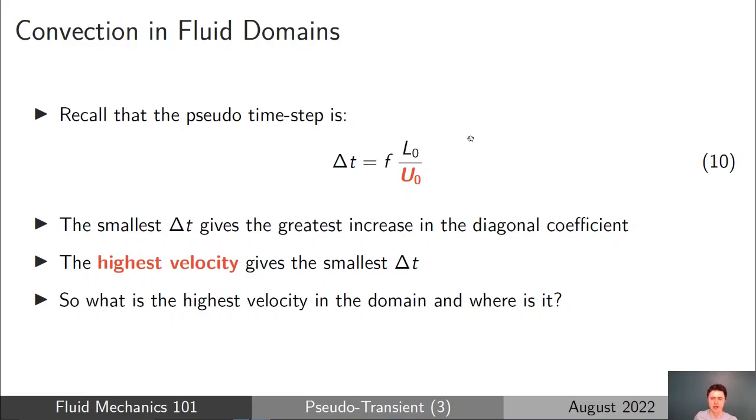Well, the trick is to think back to our formula for the pseudo time step and notice that because the characteristic speed is on the bottom of the fraction, we want to use the highest velocity in the domain, or something representative of the highest velocity, because that's going to give the smallest pseudo time step and therefore the greatest increase in the diagonal dominance of the A matrix and the most stable calculation. So what we want to be doing is looking at our domain and thinking, where is the highest characteristic speed and what would be a good representation for it?